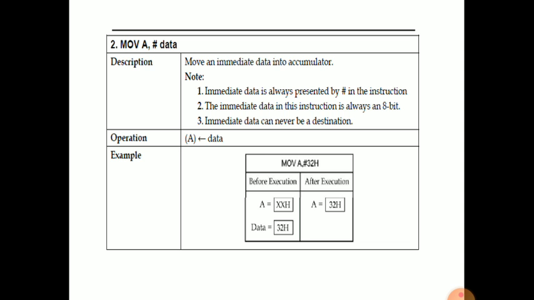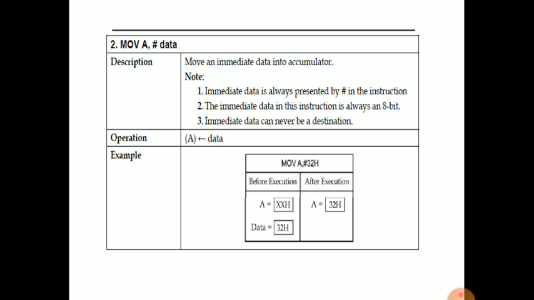In order to separate the immediate data from the direct address data, we use the hash, that is the pound sign, before the data. That means while writing the instruction, we should place the data by appending hash before the data.